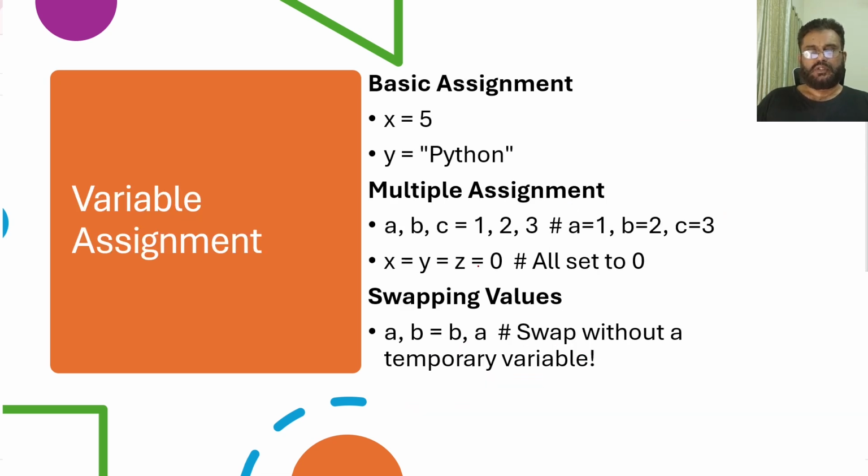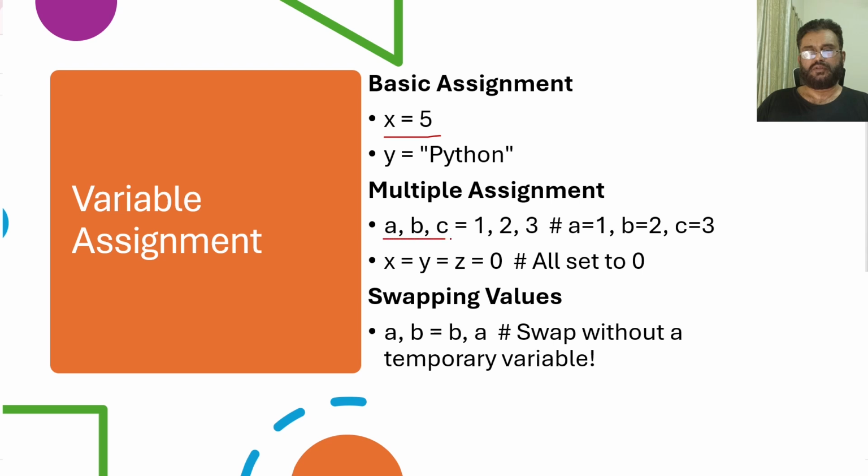So here are some assignments to variables. You can assign different values to variables. For example, here x is getting the value 5, which is of type integer, and y is getting the string value Python. You can also do multiple assignments in one statement to different variables.